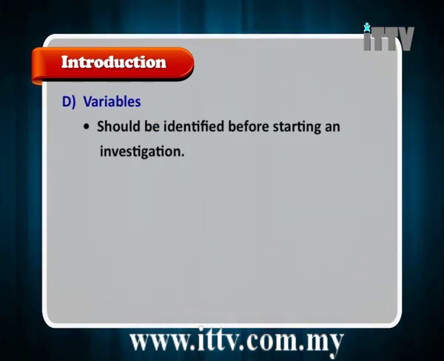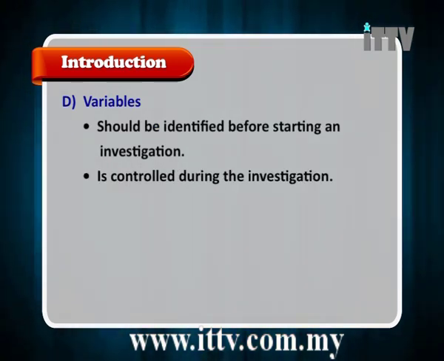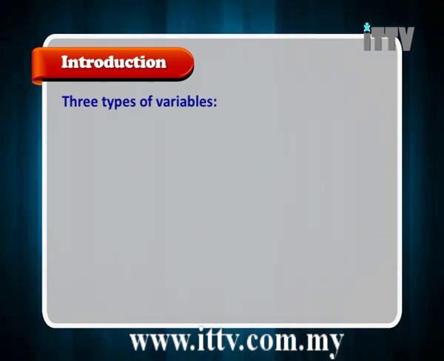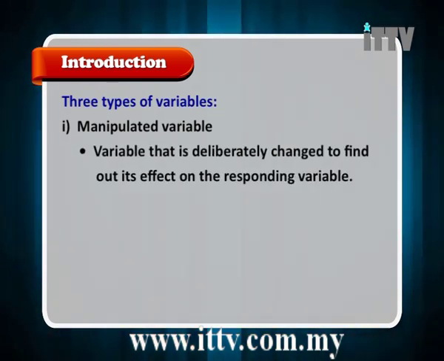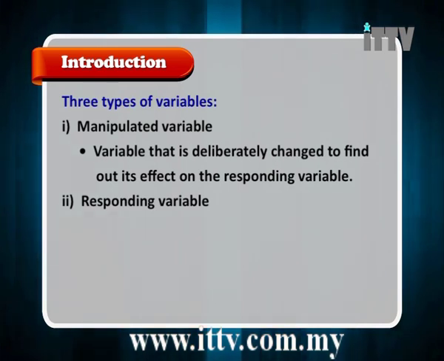Variables should be identified before starting an investigation and controlled during the investigation. Three types of variables. 1. Manipulated variable. Variable that is deliberately changed to find out its effect on the responding variable. 2.